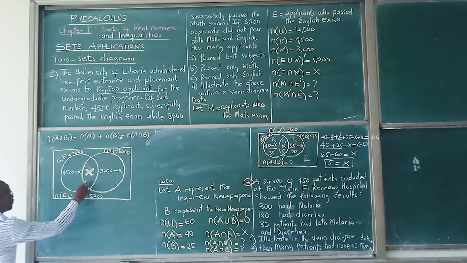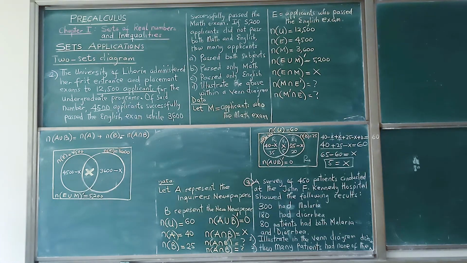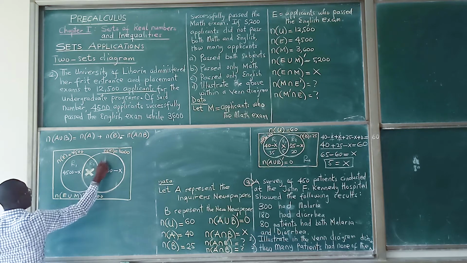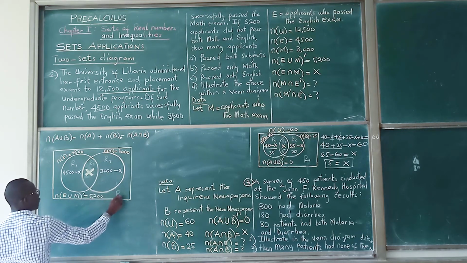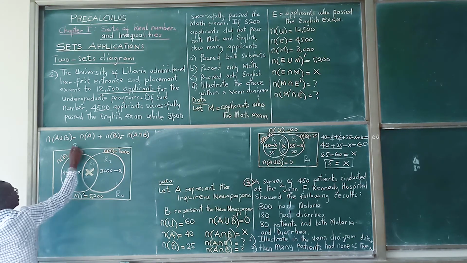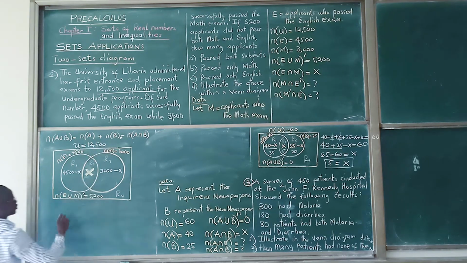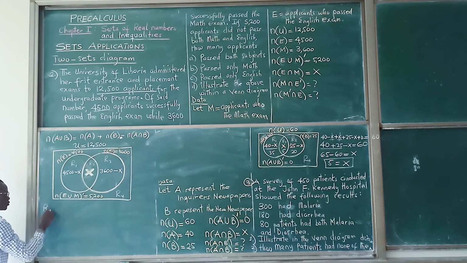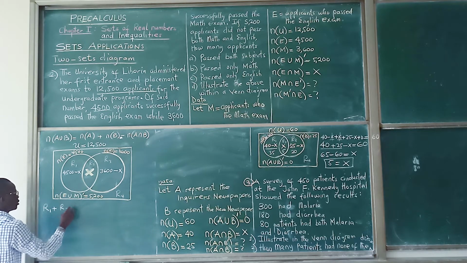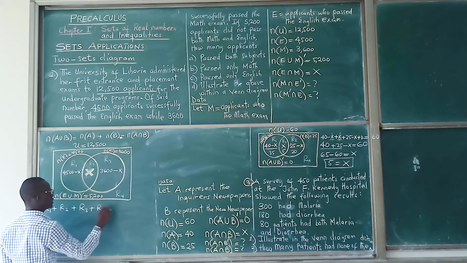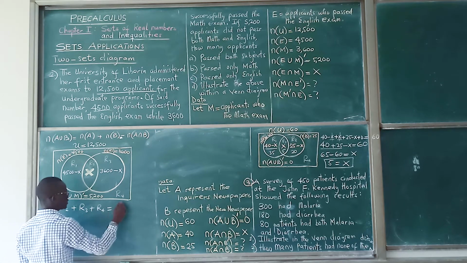So let's now find how many students pass both English and math. Region 1 plus region 2 plus region 3 plus region 4 must all be equal to the universal set, which is 12,500.